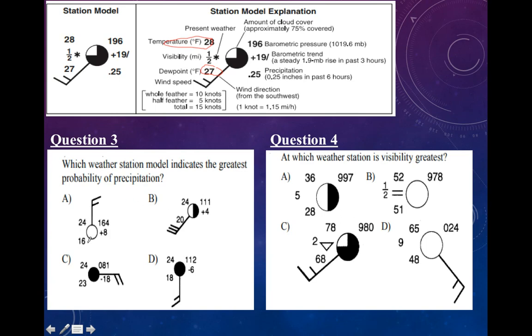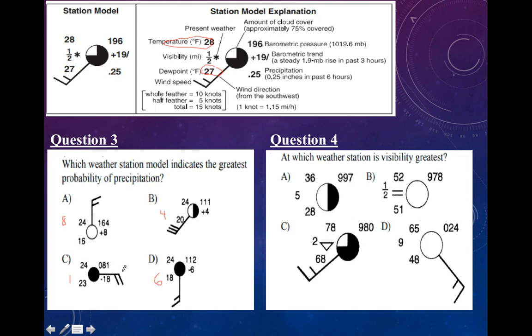So 24 is your temperature in A, 16 is your dew point. That's a difference of 8. In B, the temperature is 24, the dew point is 20. That's a difference of 4. In C, 24 and 23, that's only a difference of 1. And in D, 24 and 18, that's a difference of 6.